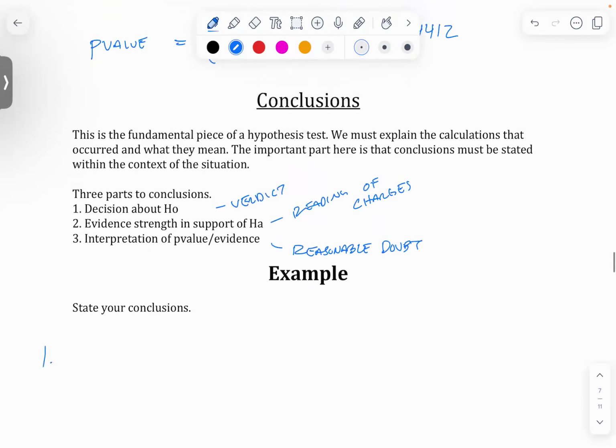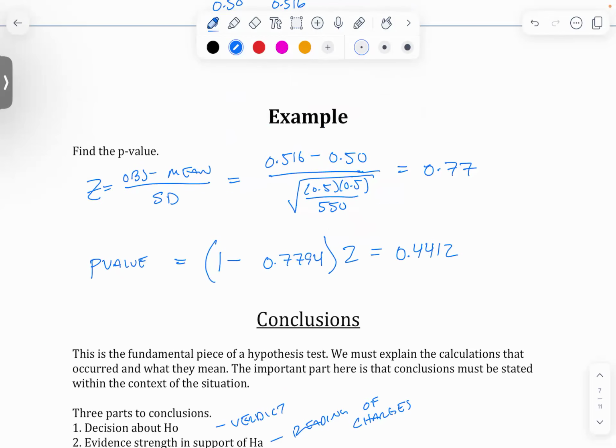The first is the guilty, not guilty verdict. We're going to talk more about how to make this decision, but the basic concept is the rule of thumb: if p is low, the H0 must go. We're going to talk about the details, but that's the easiest thing to recall. Low, just so you know, is like below 10%, a 1 in 10 chance or less.